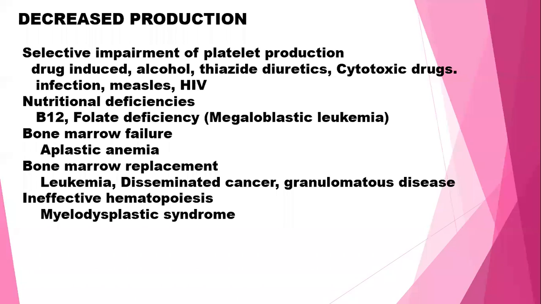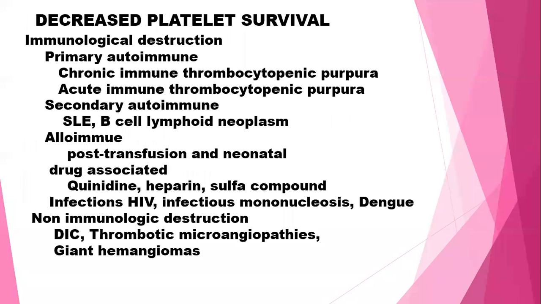Bone marrow failure due to any cause, such as aplastic anemia, decreases production of blood elements including thrombocytes. Bone marrow replacement by leukemia, malignancy, disseminated cancers and granulomatous diseases, or ineffective erythropoiesis as in myelodysplastic syndrome, leads to decreased production of platelets.